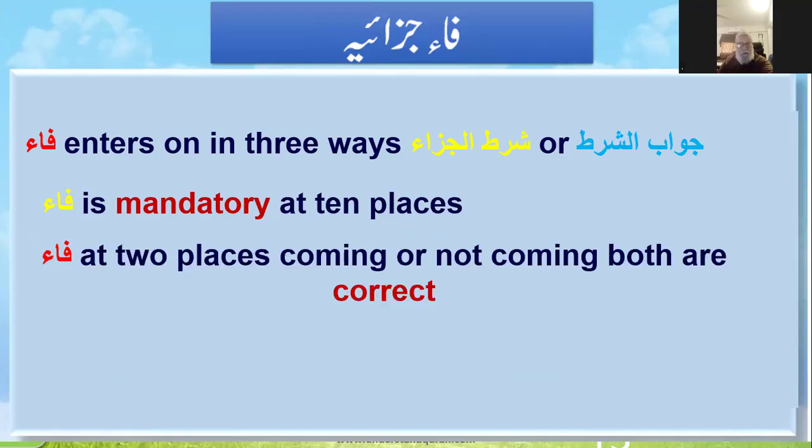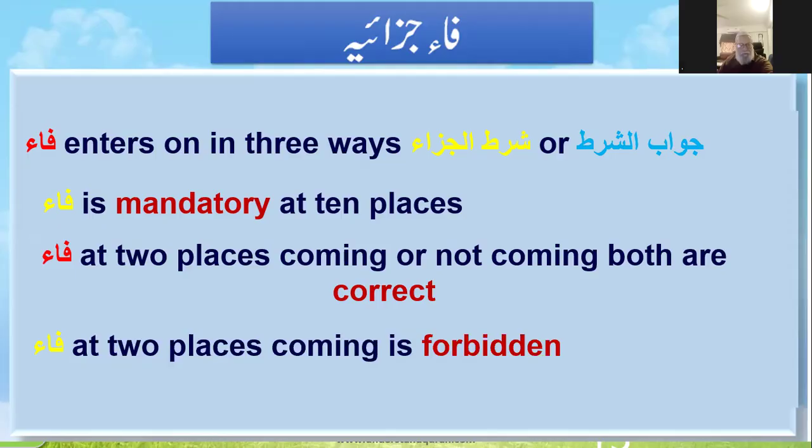At 2 places, fa coming or not coming, both are correct, it may or may not be. At 2 places, fa coming is forbidden. Let's see what the mandatory, correct and forbidden conditions of the fa are. The 10 places where the fa is mandatory, it must come.